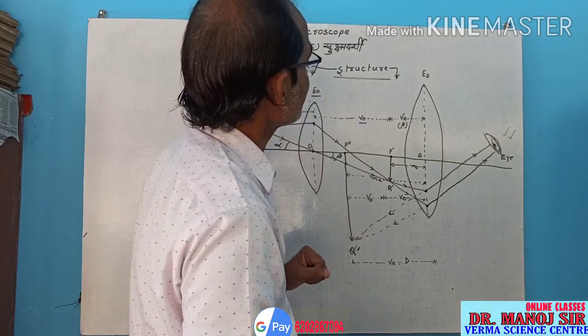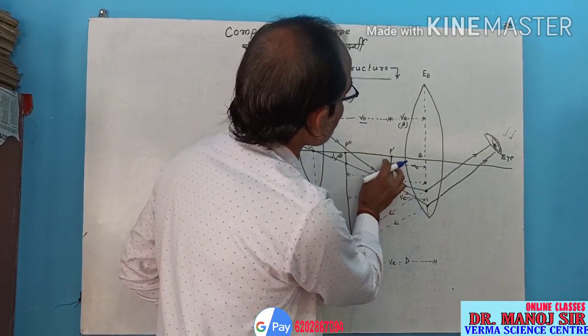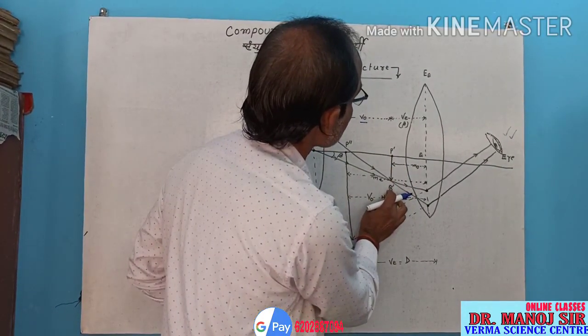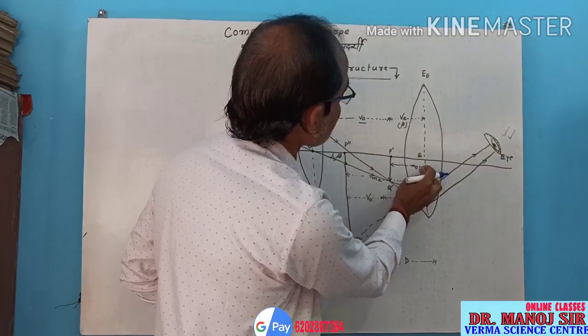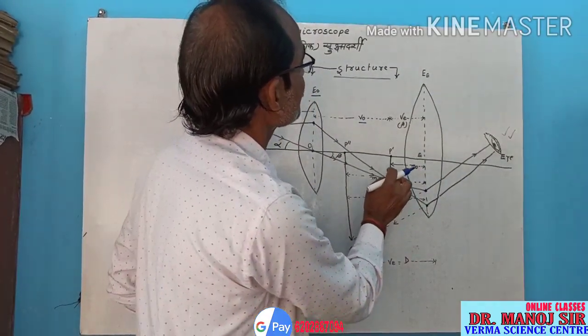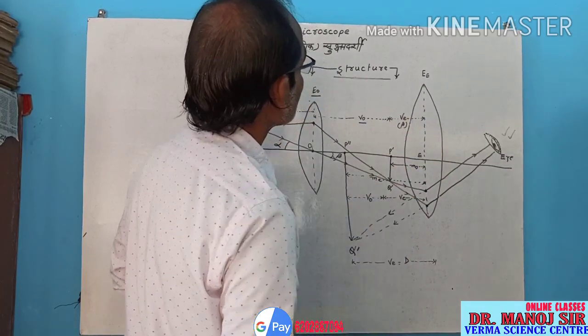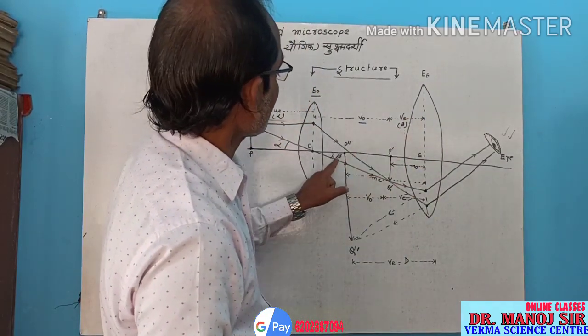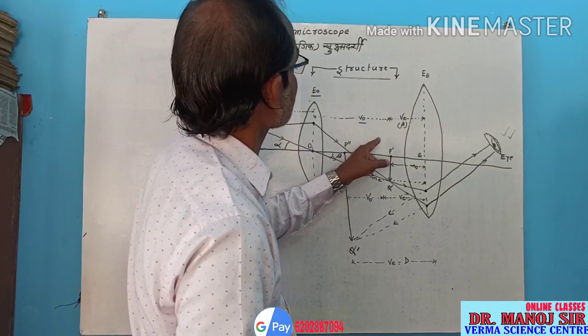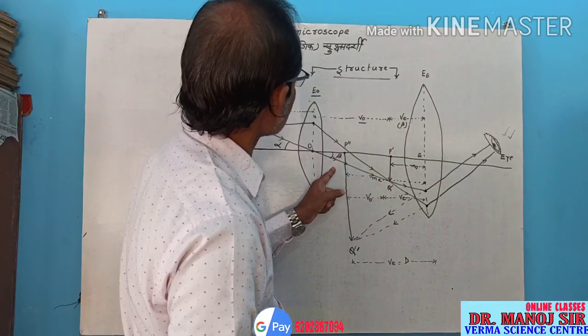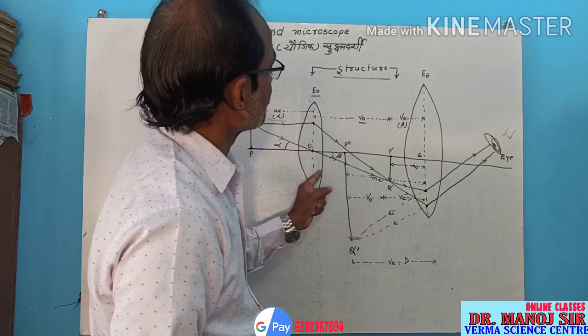And the image of P dash Q dash, that is distances from the eyepiece by the VE, which is as similar as the distance of the beta angle from the objective piece.